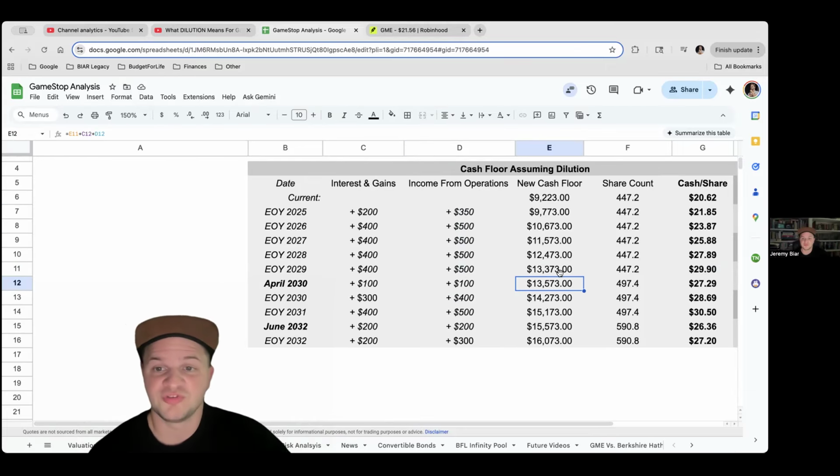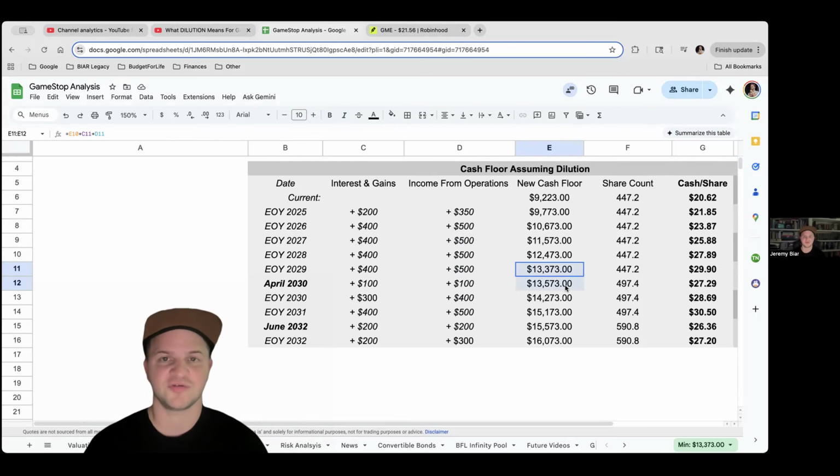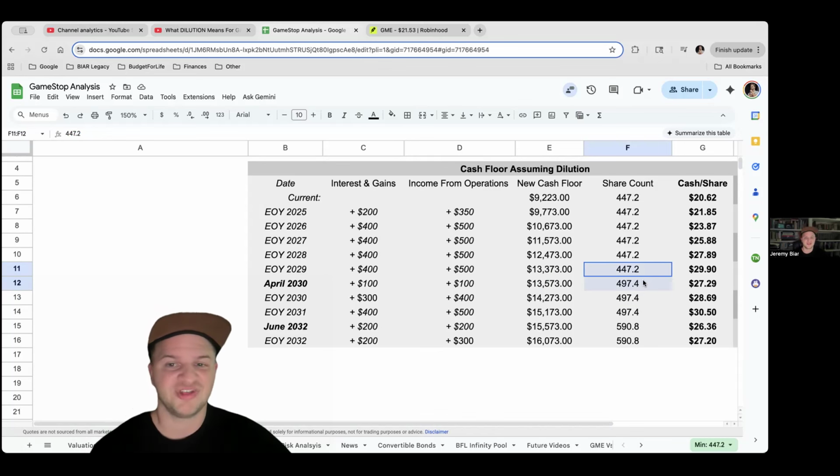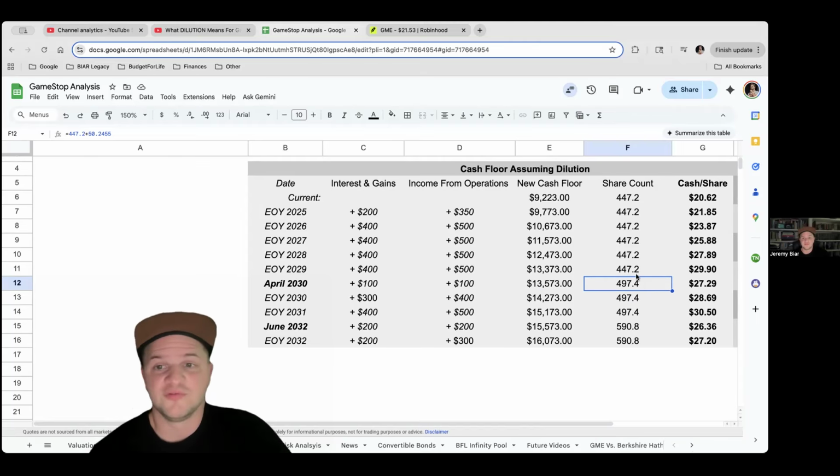But what happens from a dilution perspective? Well, you see after that April trigger date, their cash floor continues to rise because if they dilute, they get to keep all of that money. But what also happens is their share count grows by that 50.24 million shares of dilution.